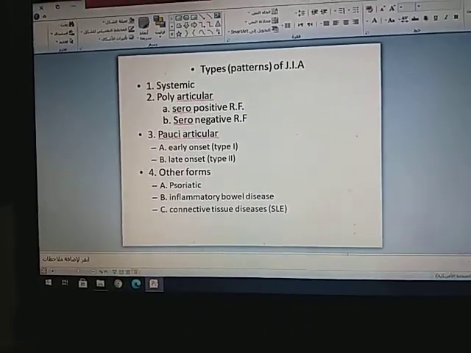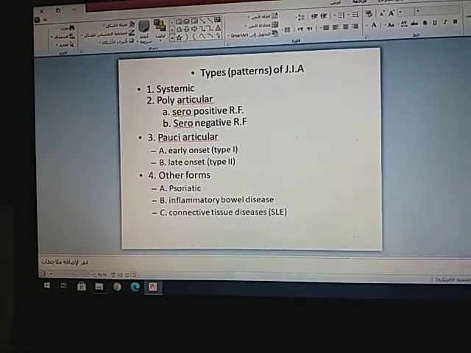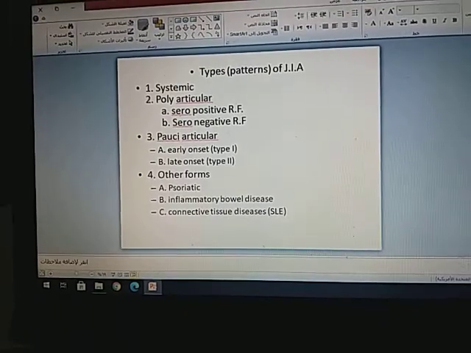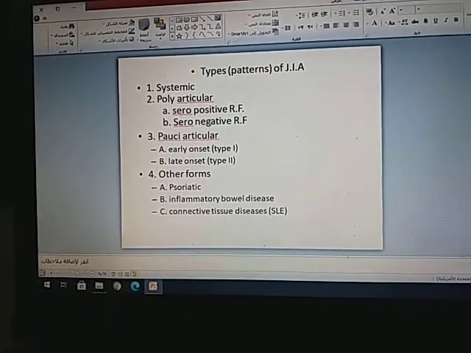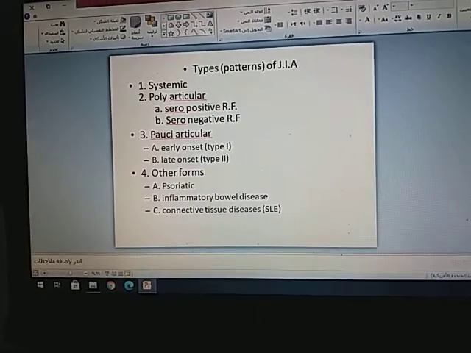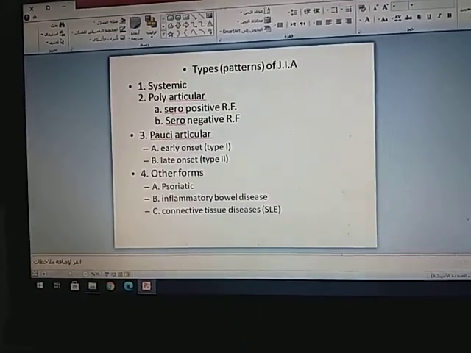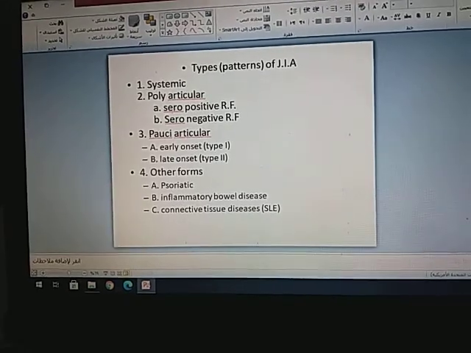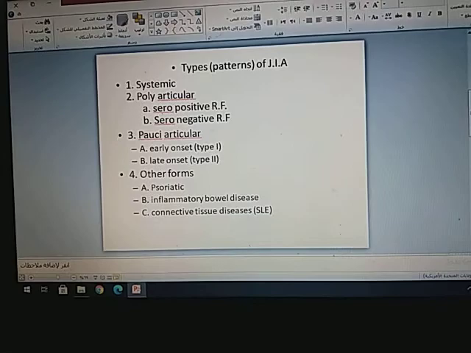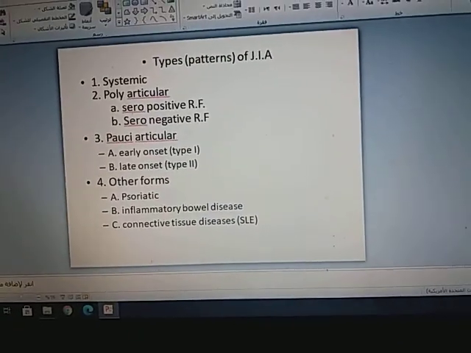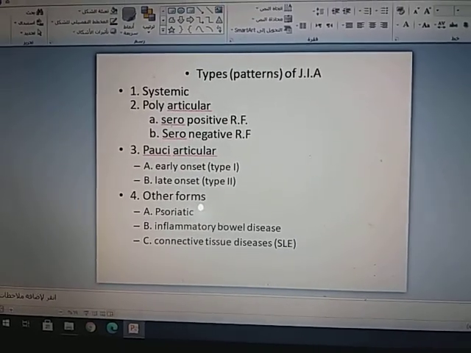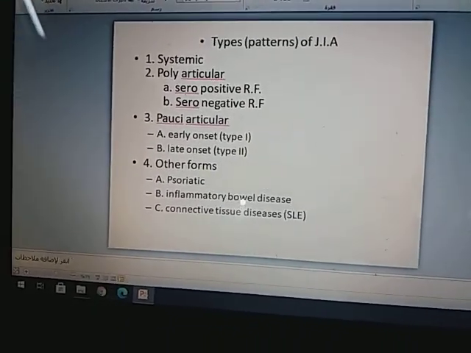Early onset has the risk of uveitis of the eye, with the risk of blindness. Other forms of juvenile idiopathic arthritis are psoriatic, inflammatory bowel disease, and connective tissue diseases with juvenile idiopathic arthritis. القائمة هي المعتمدة. It is more easy.